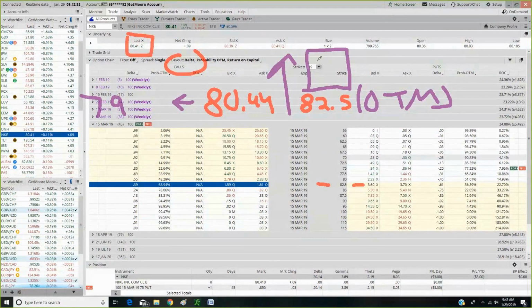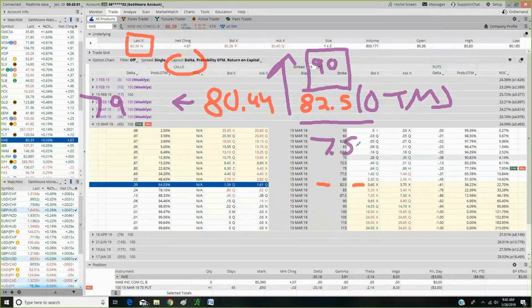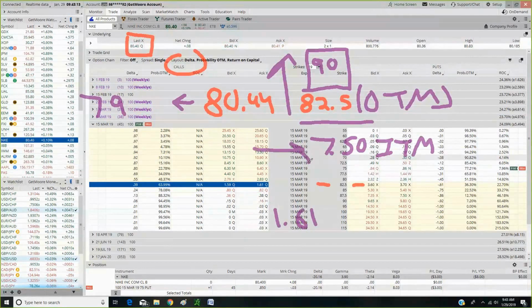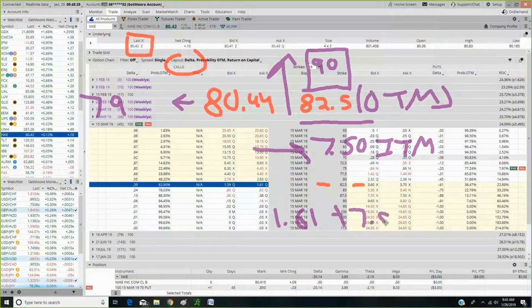So if Nike goes to $90, this option, the 82.5 strike, is now $7.50 in the money. No matter what, this option has to be worth at least $7.50.